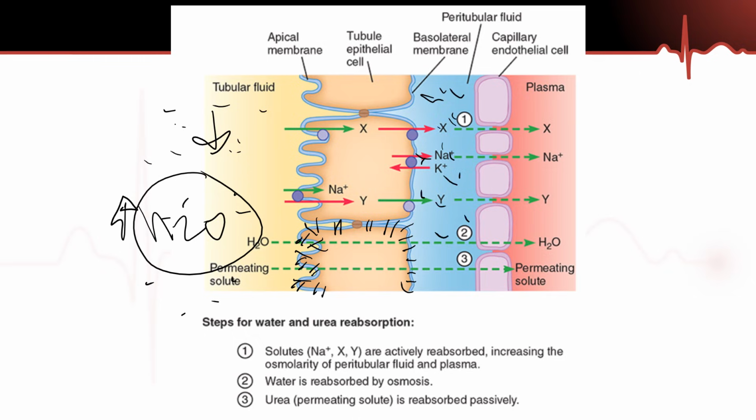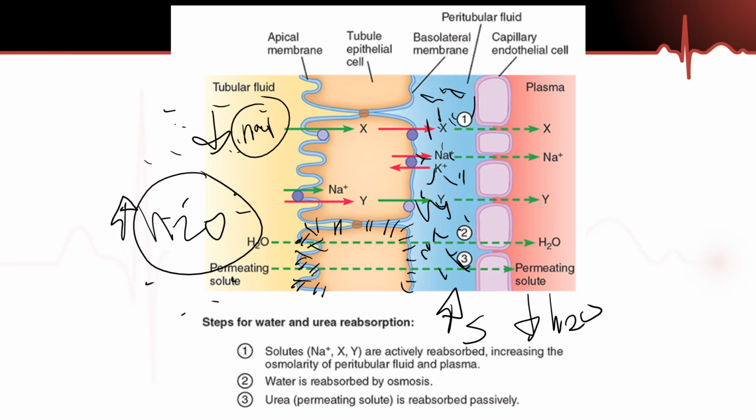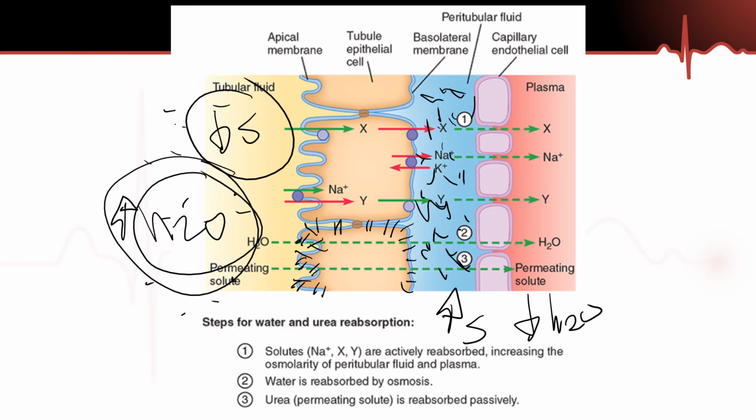And what are we doing to the peritubular or interstitial fluid? Well, we're really increasing the solute concentration, and thus we are decreasing the water concentration. As we bring sodium, as well as other molecules and ions that I haven't had time to discuss, from the blood plasma within the lumen of the proximal convoluted tubule into the interstitial or peritubular fluid, we're decreasing the solute concentration of the blood plasma within the lumen, and thus driving up the water concentration.